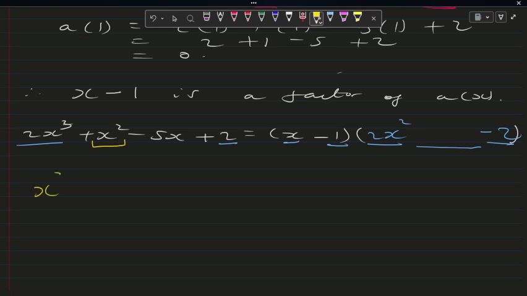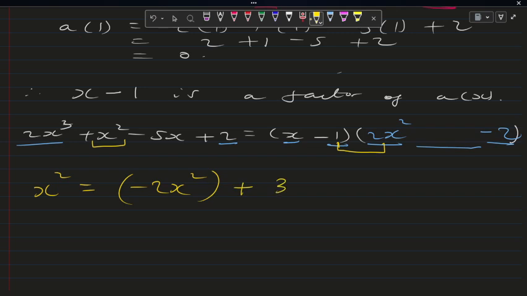Now remember that we do this by considering the x squared term over here. So we are working towards finding x squared. If I take -1 and multiply it by 2x squared, I get negative 2x squared. This is what I obtained.